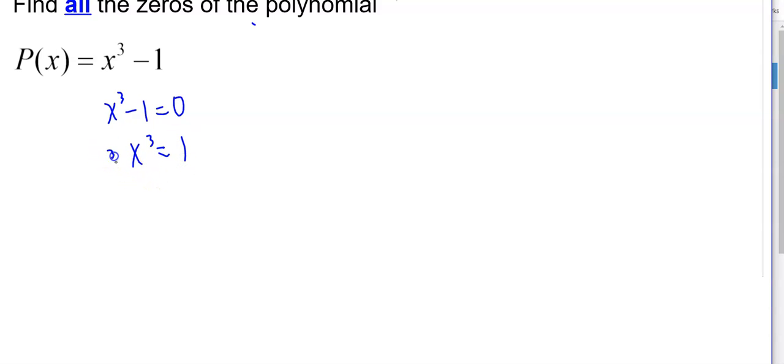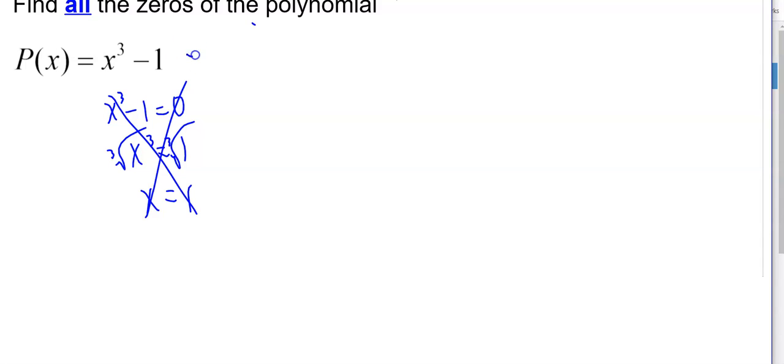Take the cube root of both sides, and x equals positive 1. You only get the nice rational solution. You don't get the imaginaries if you just solve it that way.